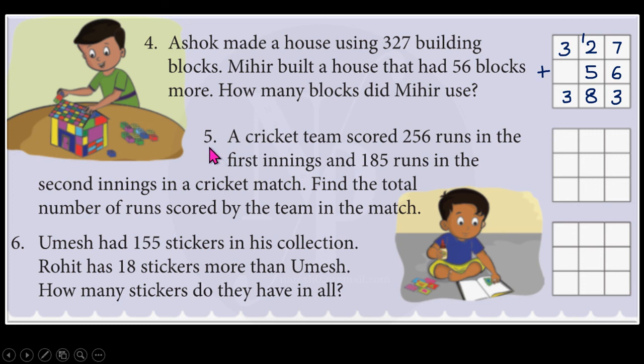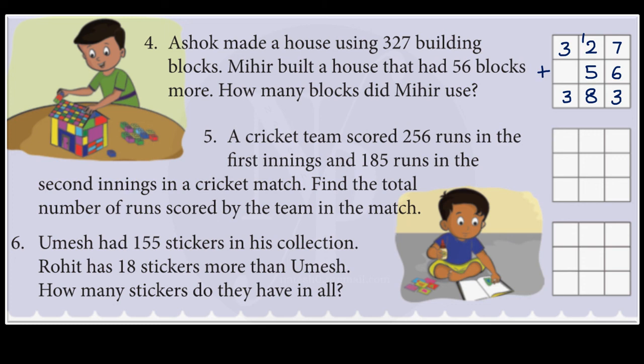Question number 5. A cricket team scored 256 runs in the first innings and 185 runs in the second innings in a cricket match. Find the total number of runs scored by the team in the match.